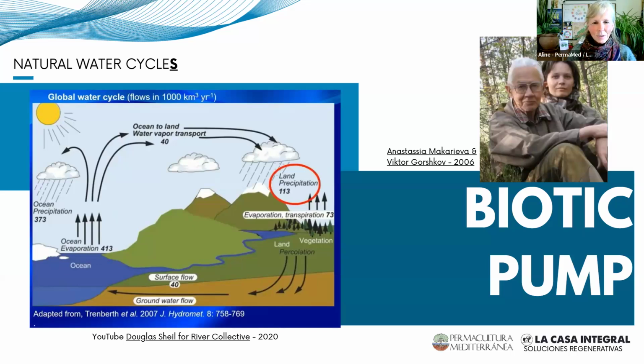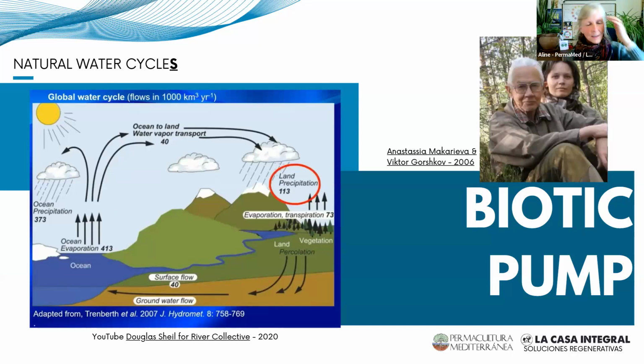And here in the photo, you see Anastasia Makarieva and Viktor Gorshkov, who in 2006 actually scientifically confirmed that, indeed, the biotic pump, the vegetation in the landscape, is what attracts the clouds into the continent.